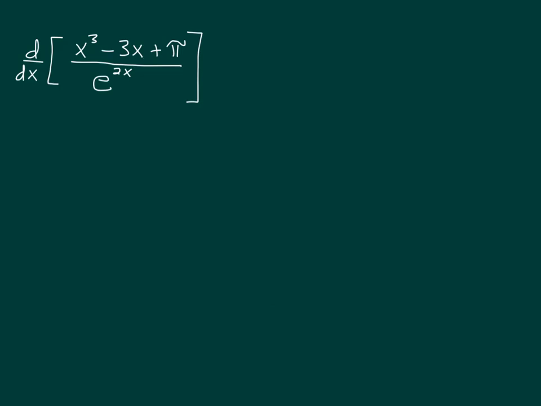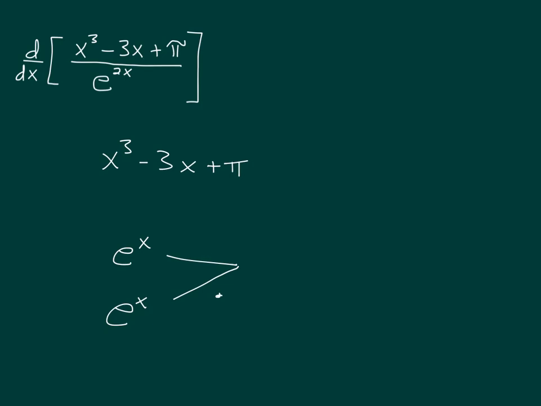To create your numerator function, we're essentially just taking products and sums of powers of x, right? So you can think of this as our straightforward creating a polynomial, x cubed minus 3x plus pi. Right? We know how to create these. To create the denominator function, I'm going to take two functions, e to the x and e to the x, and I'm going to piece them together by taking a product.